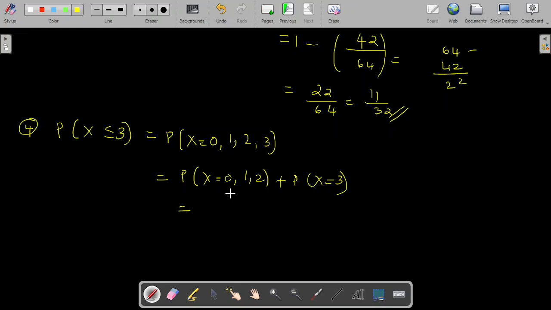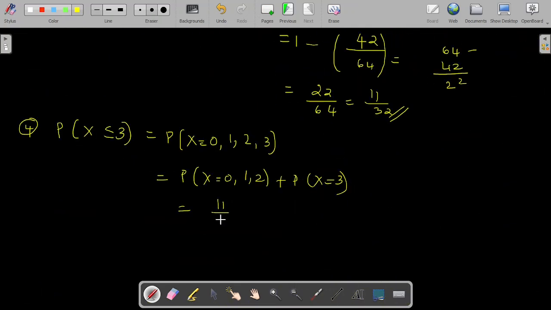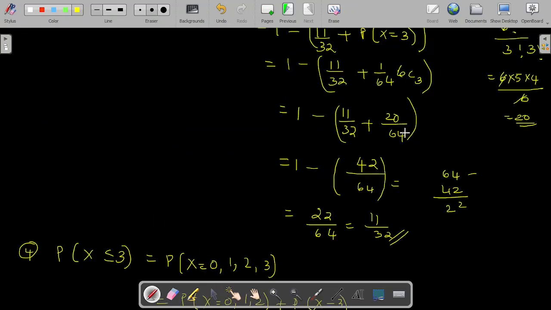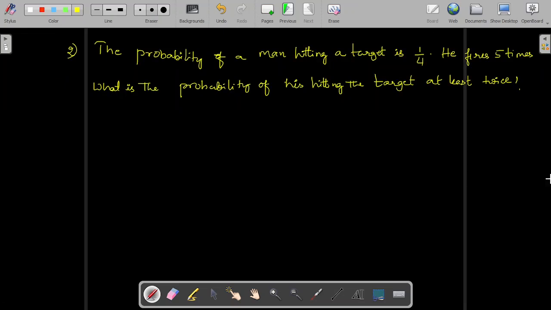Adding all this, you got 11 by 32 plus the probability when x equal to 3, which is 20 by 64. So this gives you 42 by 64, which is nothing but 21 by 32. This is the answer.